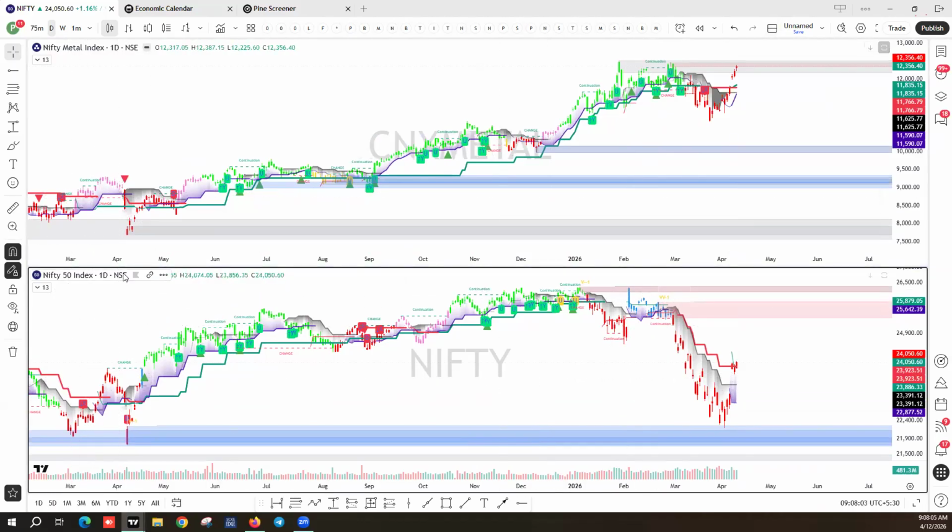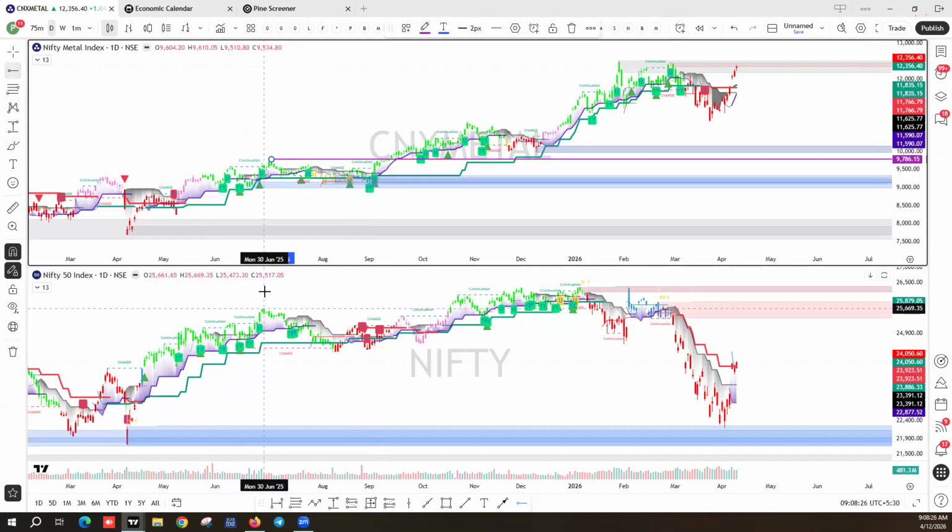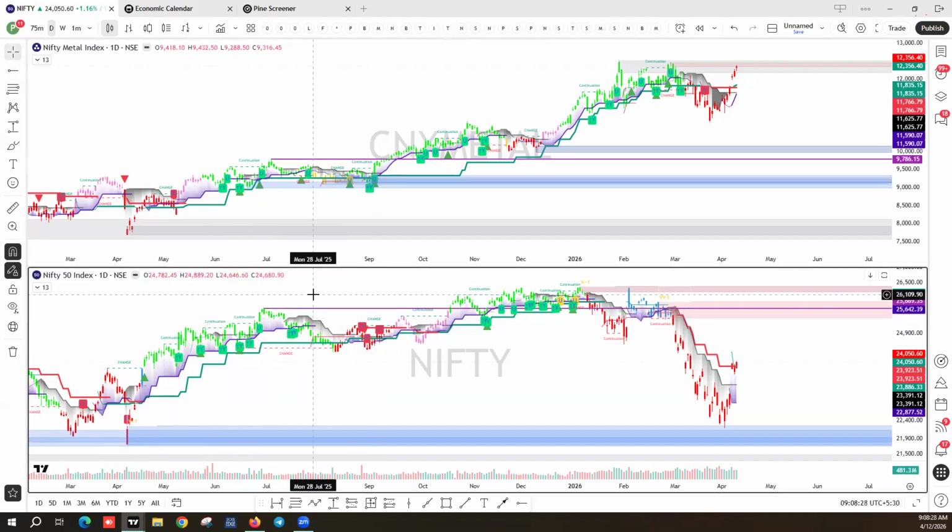So it went up, came down, both were in sync. After that, Nifty went above this high, whereas metals did not go above that high. It consolidated up to this, and then this breakout happened. So this was the high, and this was the high.